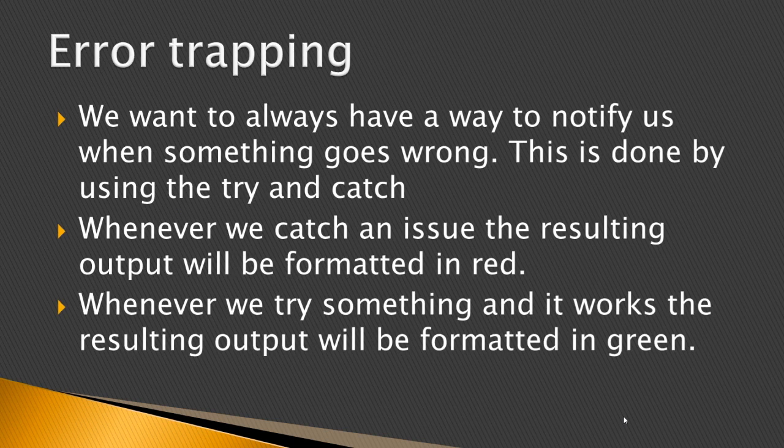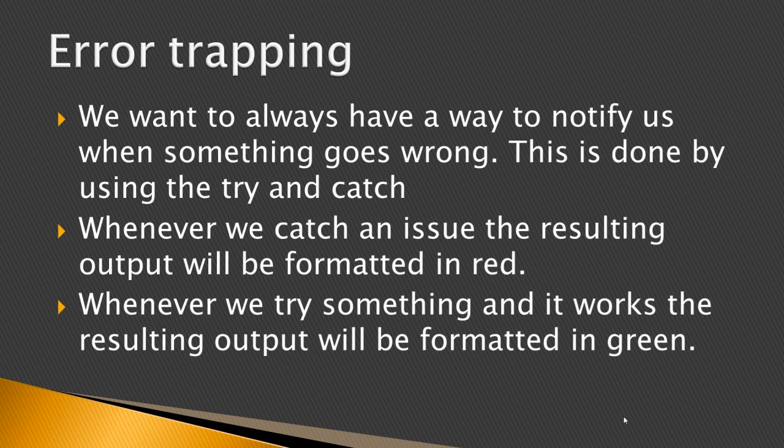So in error trapping, we basically are using this to catch any type of errors that may happen and prevent the script from continuing to run. In addition to that, whenever we do a try and catch, we're able to use this script and overlay it on top of existing customers and run it again and fix any possible issues that may have happened, or overlay it on the existing customer and add in things that are being added in as a new standard.